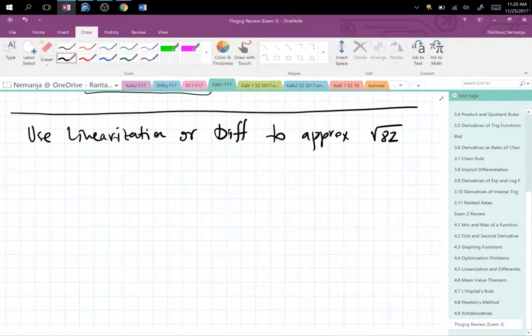Now, when you're going to do this with the linearization formula or the tangent line, as Nike would say, just do it.